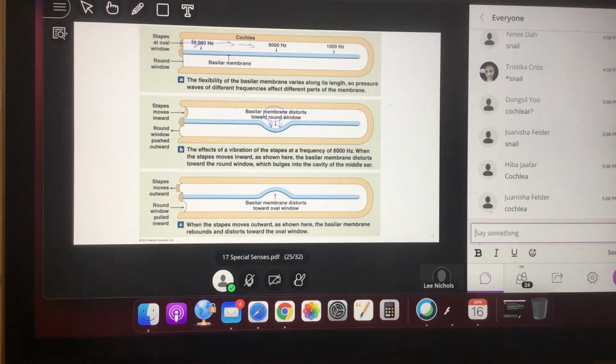I'll show you that in just a second. There's millions of tiny little cells all along here, and if vibrations bend it, it stimulates them to generate action potentials. At a certain frequency, it gets bent, and it bends and wobbles back and forth.